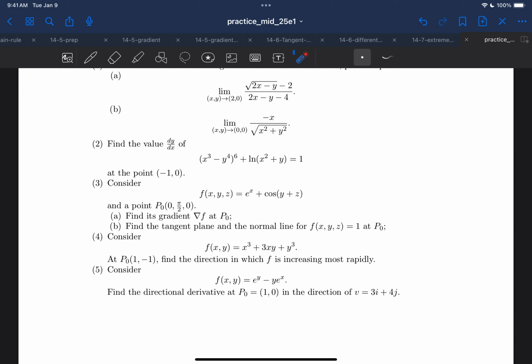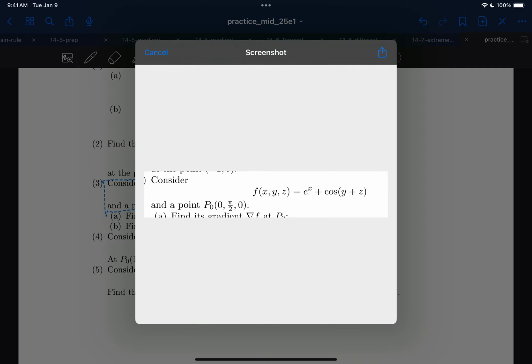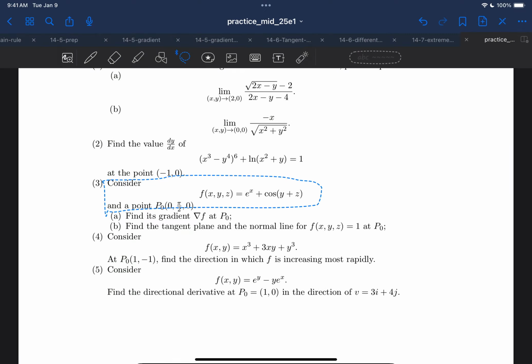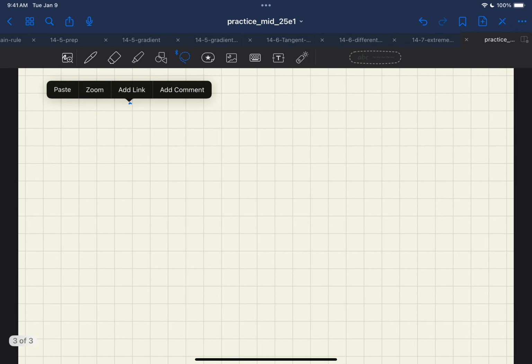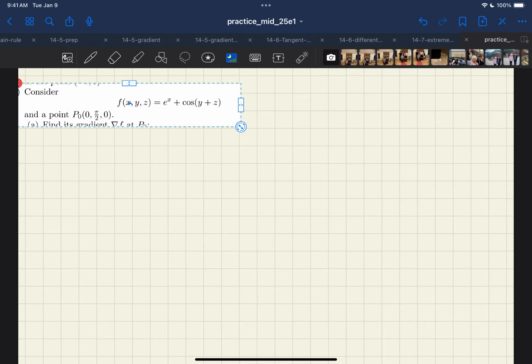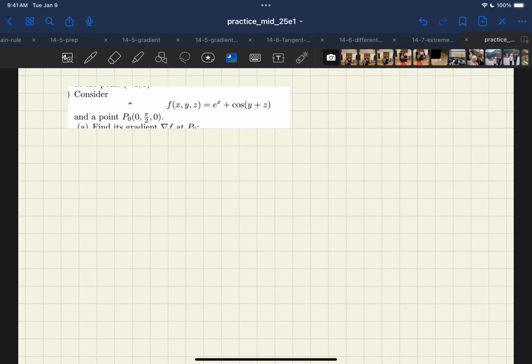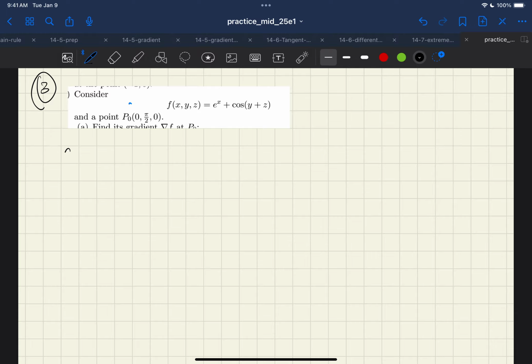All right. First question is the gradient of f.